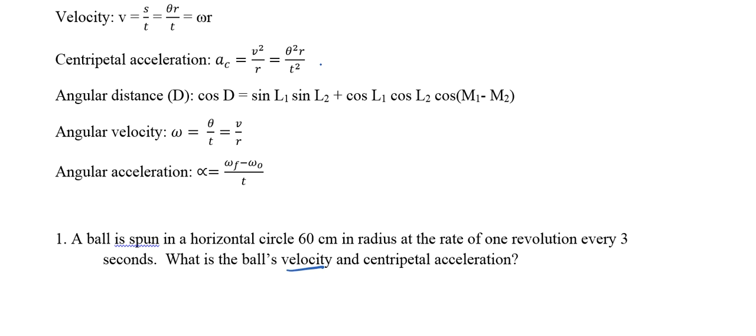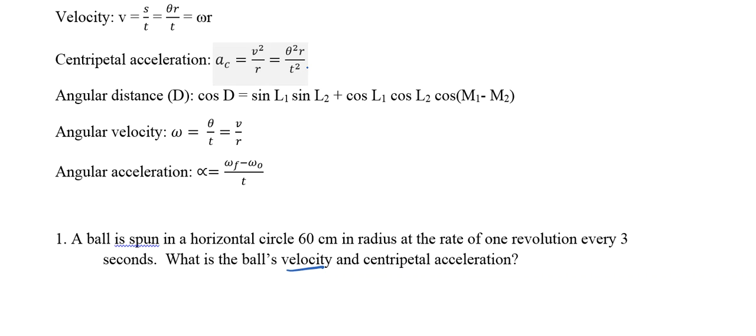So I have 60 centimeters, so I have a radius, and it's moving at a rate of 1 revolution every 3 seconds. That is angular velocity, but it's not in the right form because it's not in radians.